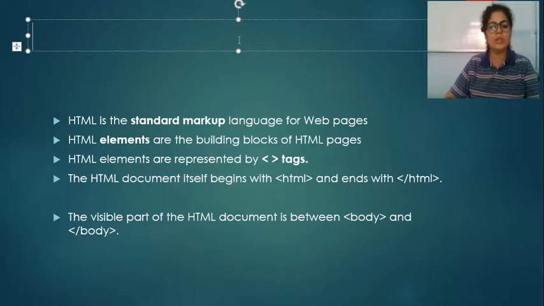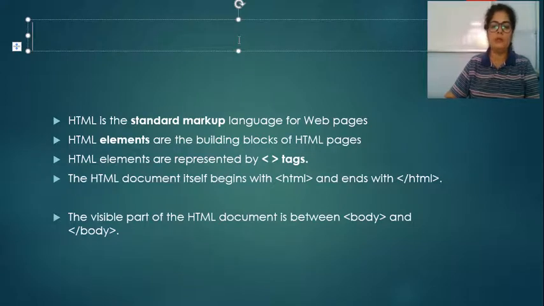The HTML elements are represented by tags. In HTML, we make use of tags. Tags are built-in and ready-made. You just have to use the name of that tag, and when you use that tag, it will perform its built-in function.